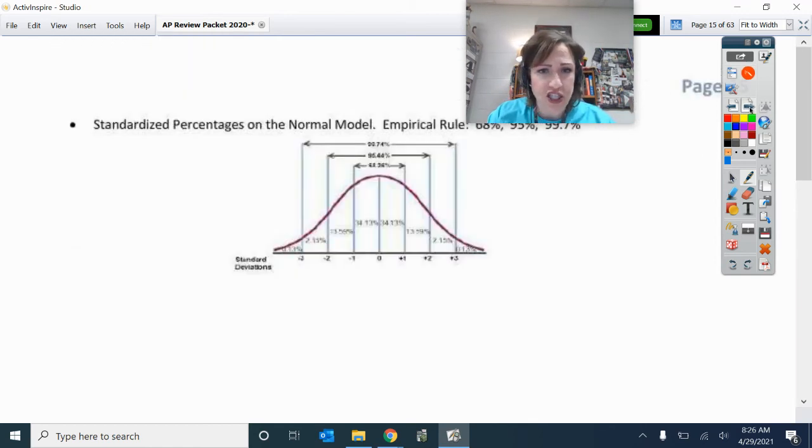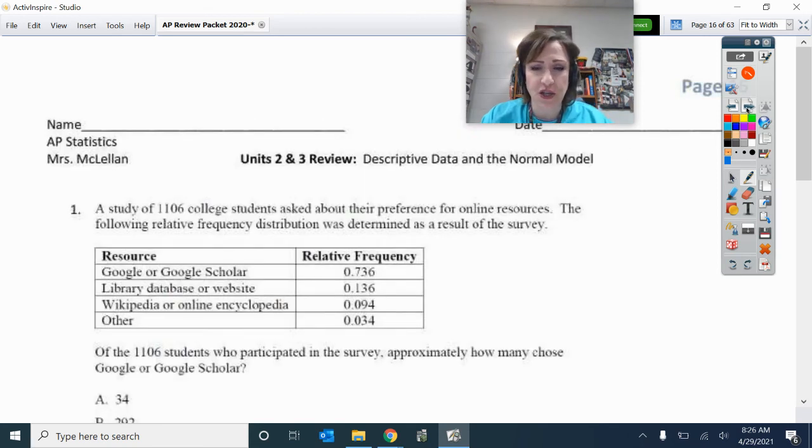Okay, and then this page just has a little bit reminding you of the standardized percentages of 68, 95, and 99.7. All right, so now you're going to start on the review for this. It's a lengthy review.